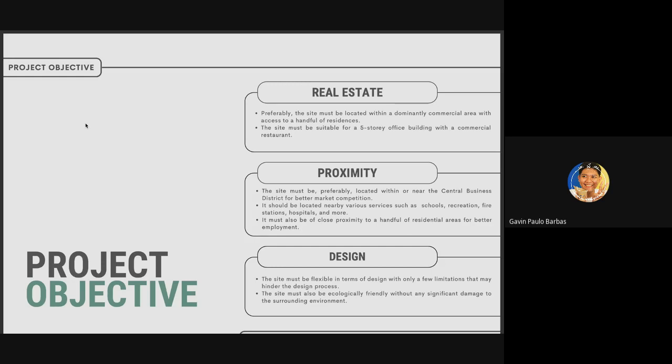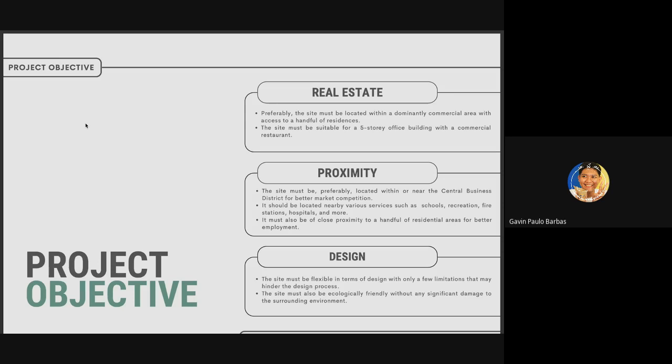For the project objectives, for the real estate, we would have the site preferably located within a dominantly commercial area, with access to a handful of residences. The presence of commercial developments would make it better in terms of market competition.